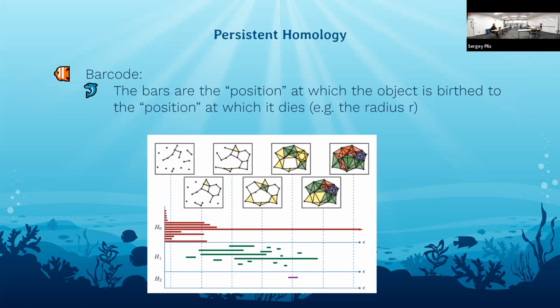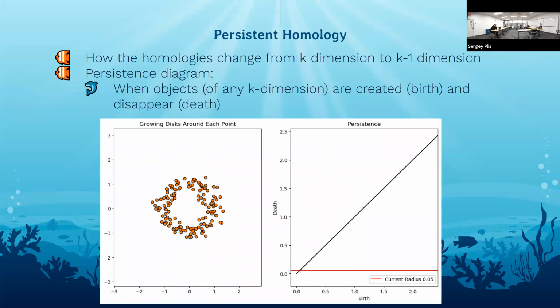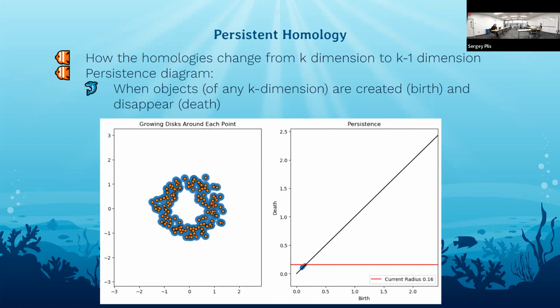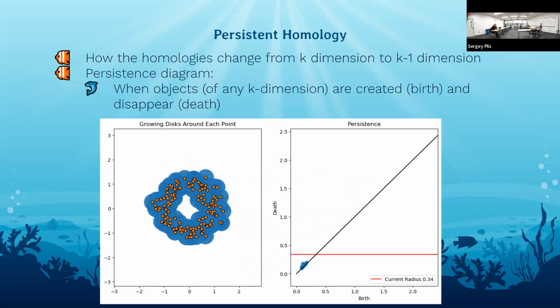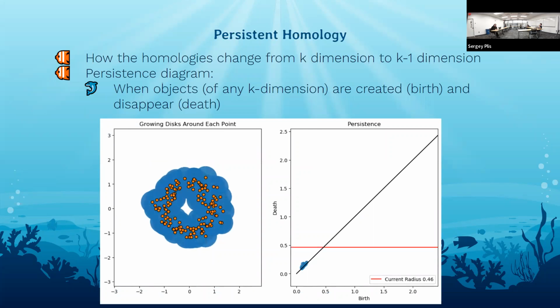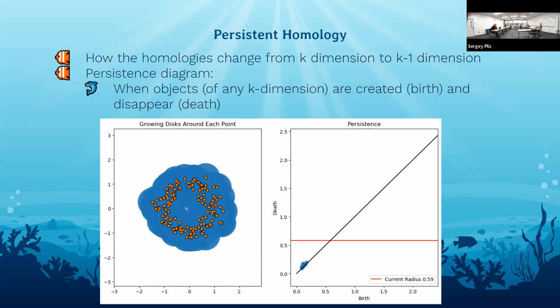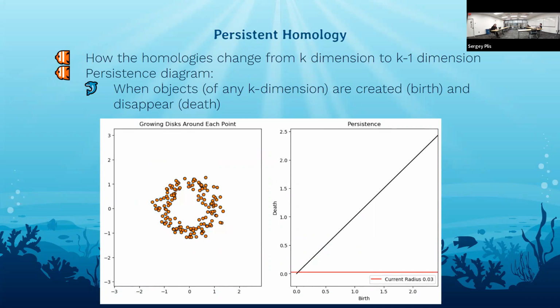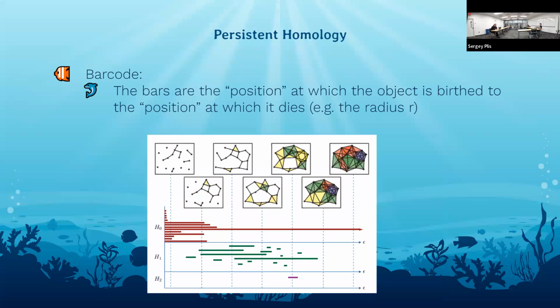I'll go back to the last one. All points in here have a birth of 0. When we create those holes that you see, those holes have a birth of whatever, 0.3, 0.4, 0.5. And some of those points have a death at 0.3, 0.4, 0.5. And that would be reflective in this barcode.